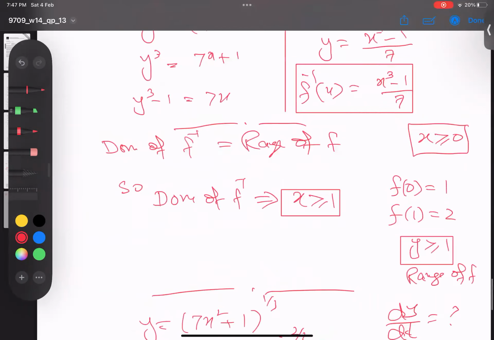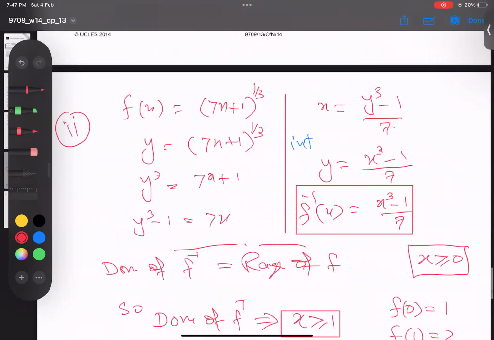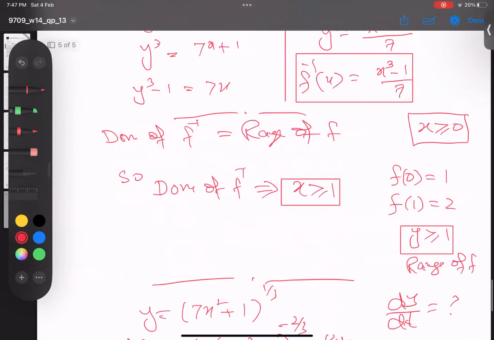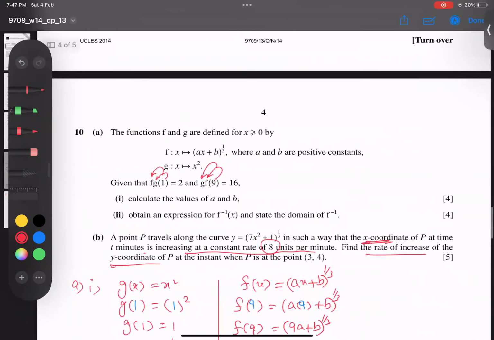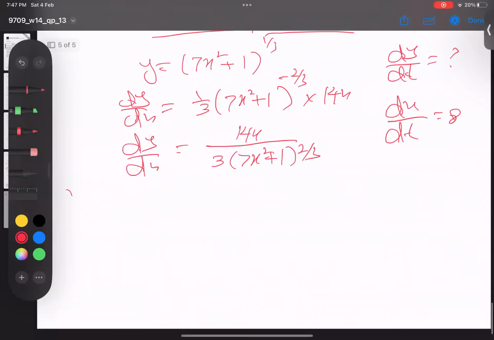Let me check. dx by dt is saying here the rate of increase of x is given as 8 units per minute. So dx by dt is 8. And he's asking at the point (3, 4), so x is 3. It means at x equal to 3, I will find dy over dx.